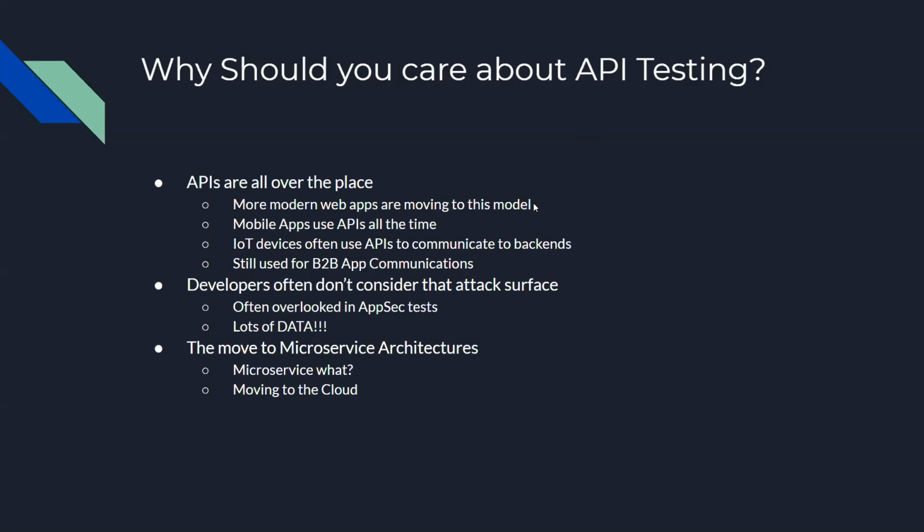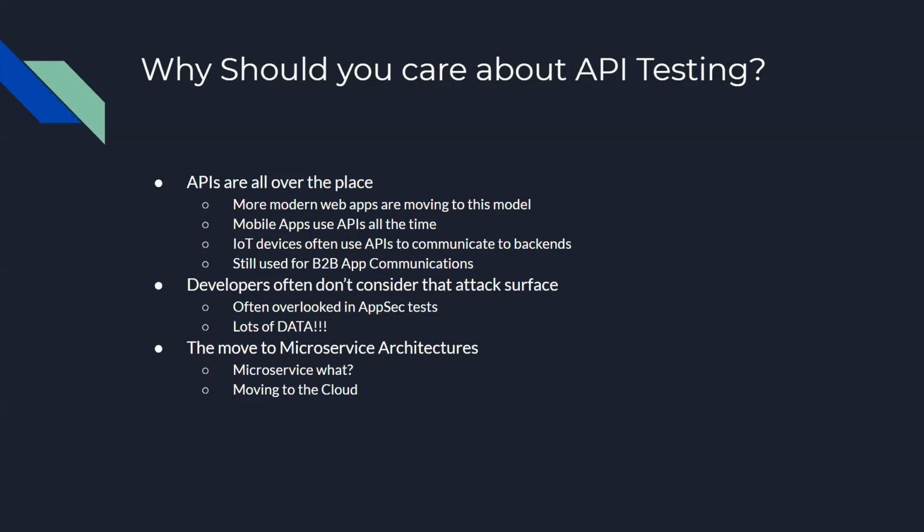So why should you care? I always go back to why before going into how to do something, and looking deeper. And the reality is APIs and web APIs are all over the place. You're going to see a lot of modern web apps, a lot of modern frameworks using APIs.